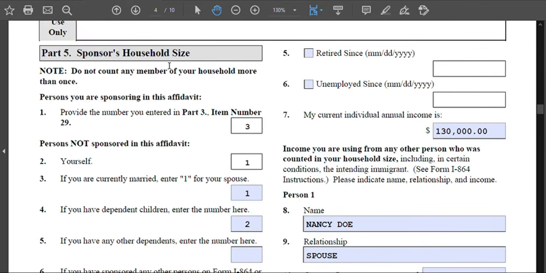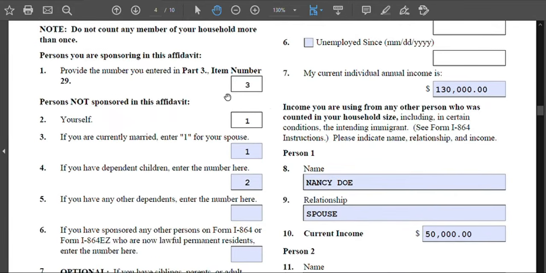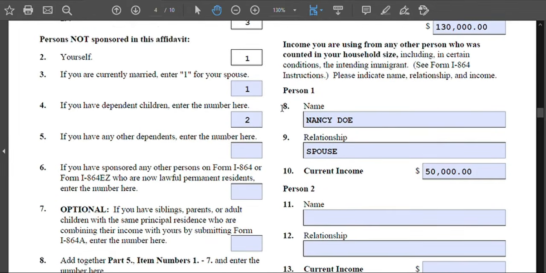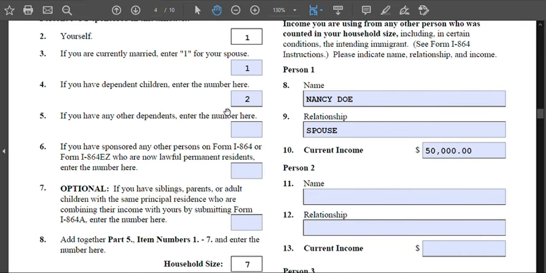As for the household size, here under number 1, obviously it is asking you to provide the number of immigrants you're sponsoring in this affidavit. Next, you will have to obviously include yourself, and as a joint sponsor, you'll also have to include, if you're married, your spouse, if you have children, your children, any other dependents you have.